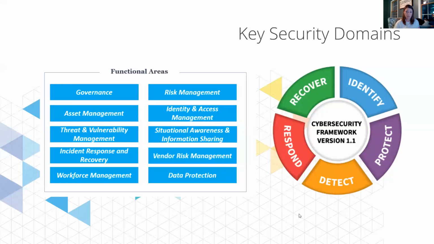So you want to have governance, you want to have risk management, you want to have asset management, identity and access management, threat and vulnerability management, situational awareness and information sharing, incident response and recovery, vendor risk management, workforce management, and data protection. Those are 10 different areas. You want to have some variation of those different areas within your questionnaire.